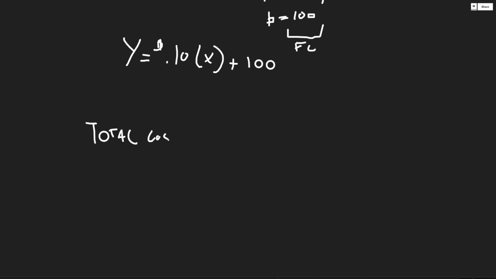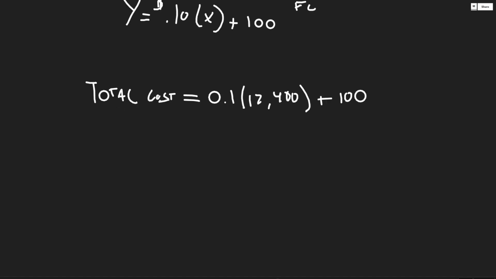So total cost equals our 0.1, and it's pretty easy, times that 12,400 level of activity that we were expecting to use this month, plus 100. Multiply that in, and we get 1,240 plus that 100, so 1,340 equals our total cost.